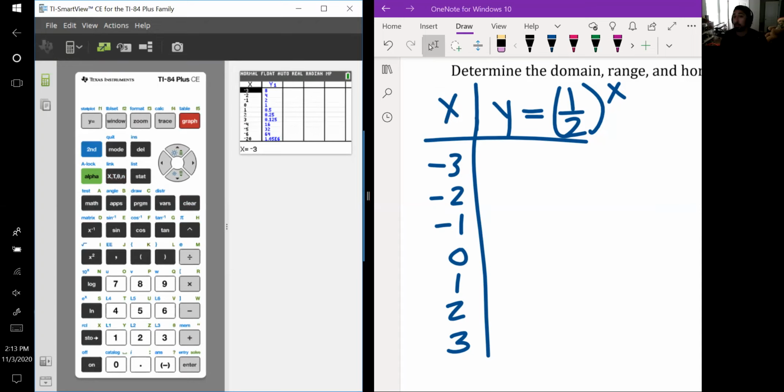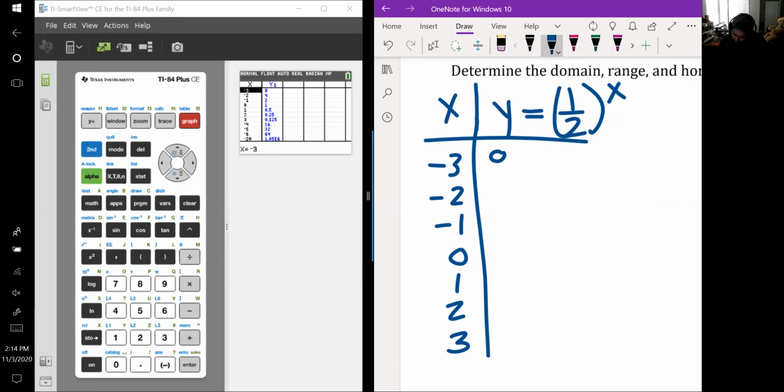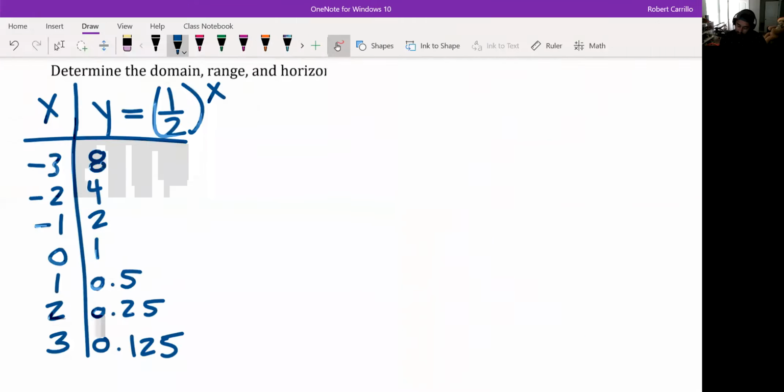Hey, look, the numbers are there ready from the last one. So -3 will give me 8, 4, 2, 1, 0.5, 0.25, 0.125. All right, excellent.